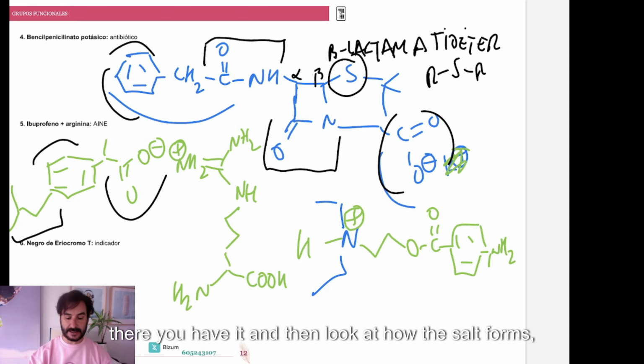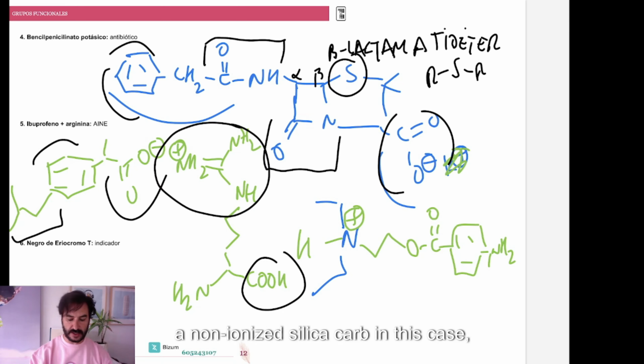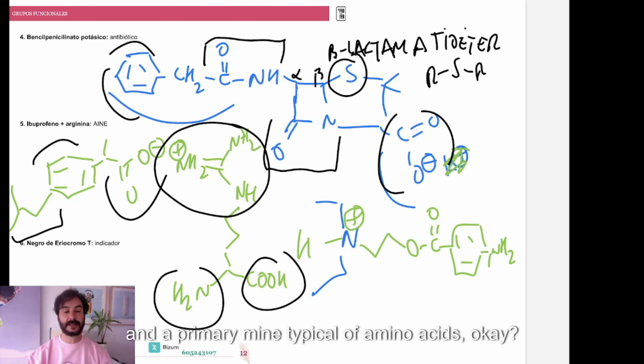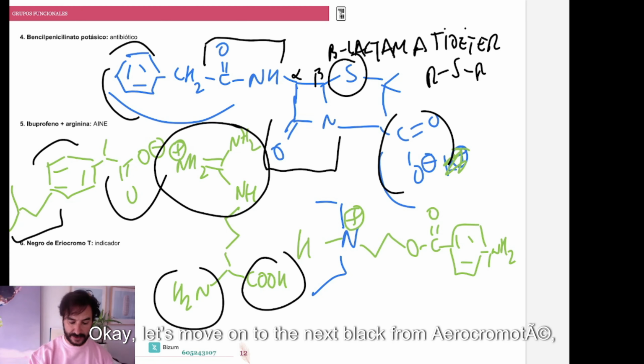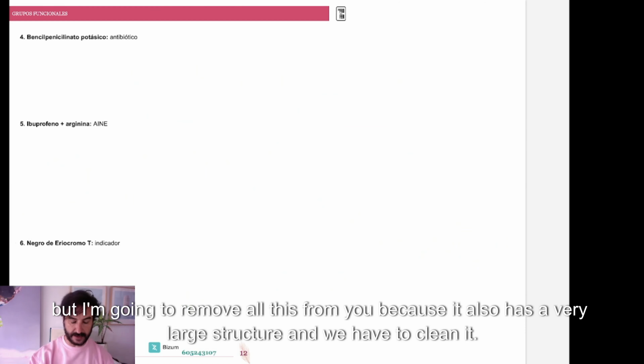And then look at how the salt forms, as I told you, with the guanidine, which is this group that you have here. And then you also have a functional group, a non-ionized carboxylic acid in this case, and a primary amine typical of amino acids. Okay? Let's move on to the next one, but I'm going to remove all this because it also has a very large structure and we have to clean it.